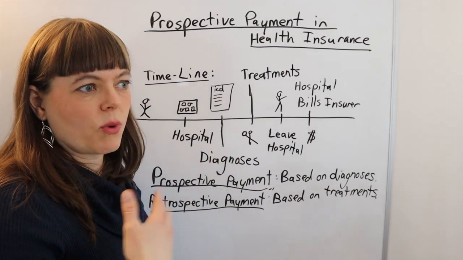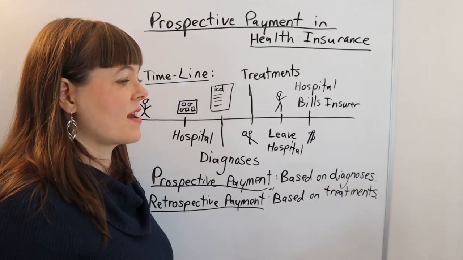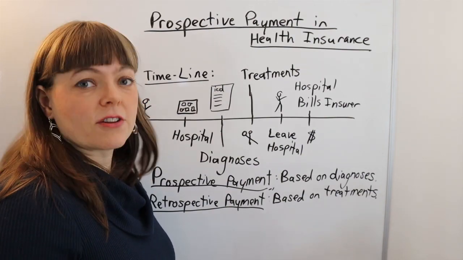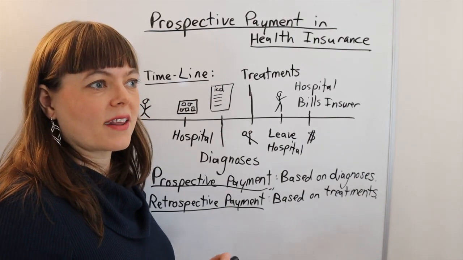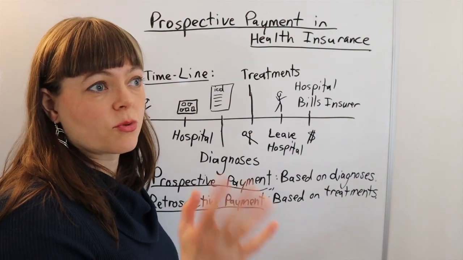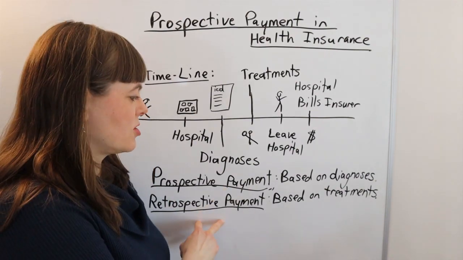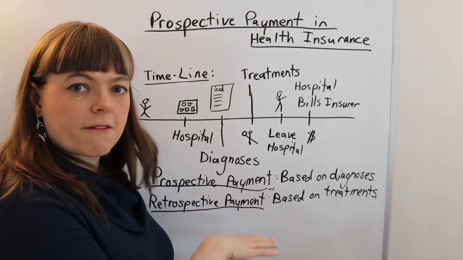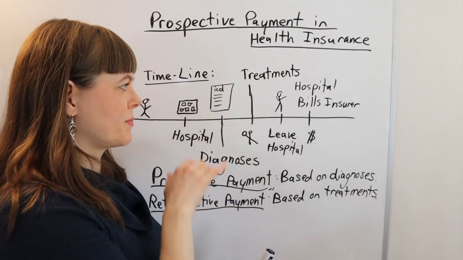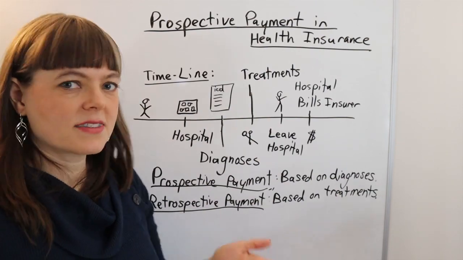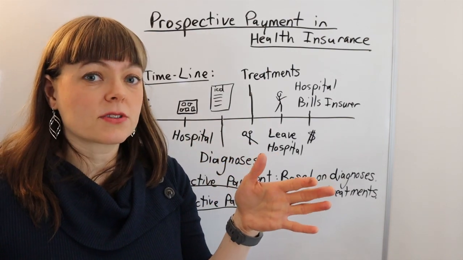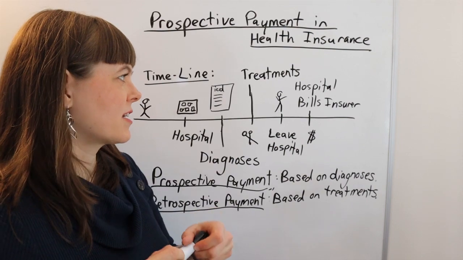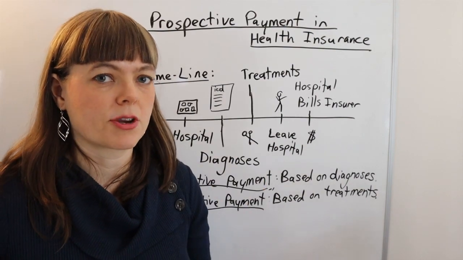If the hospital gets way more patients that need surgery than average, then the hospital could lose money, because they're only getting enough for 20% of patients to get the surgery. So it does shift the risk from the insurer to the hospital, but it incentivizes hospitals to watch their budgets and make sure they're only giving necessary treatments.